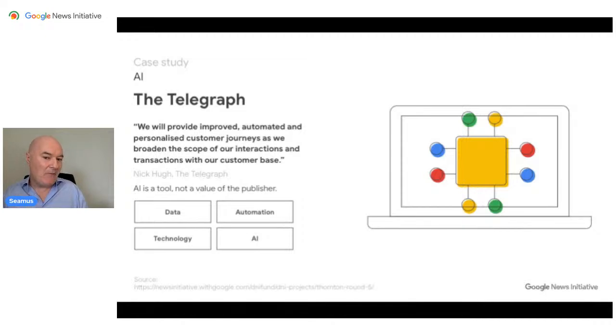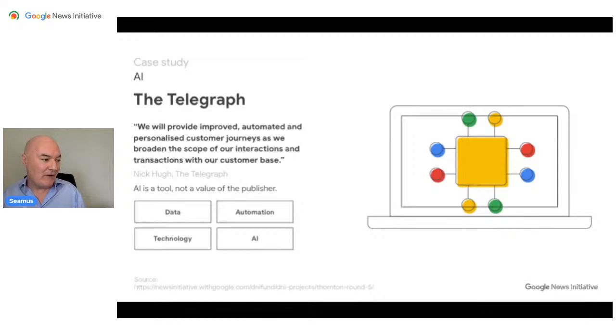So the point of this is that the Telegraph has its brand value. Artificial intelligence is not one of those, but they're saying that it's going to be a technical tool for implementing our brand value. So as you can see there, we'll provide improved, automated, personalized customer journeys as we broaden the scope of our interactions and transactions with our customer base.